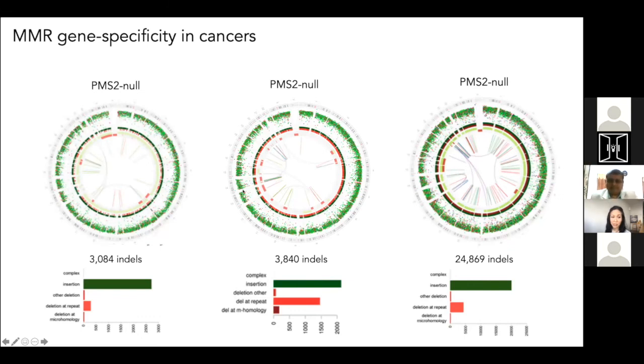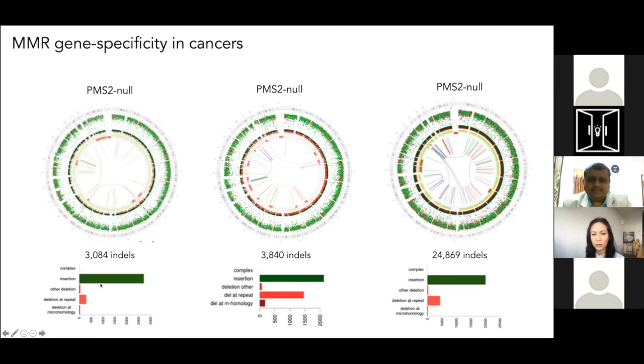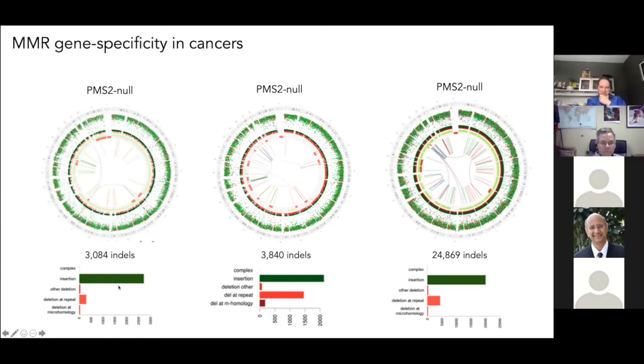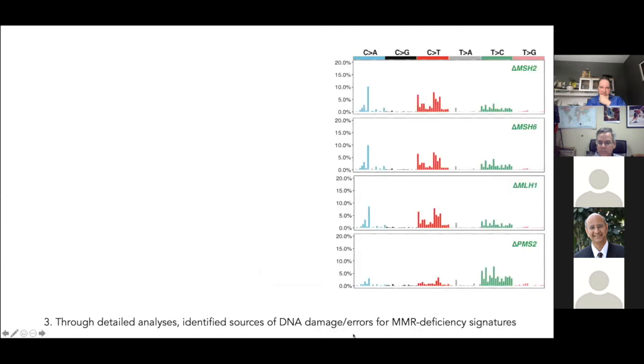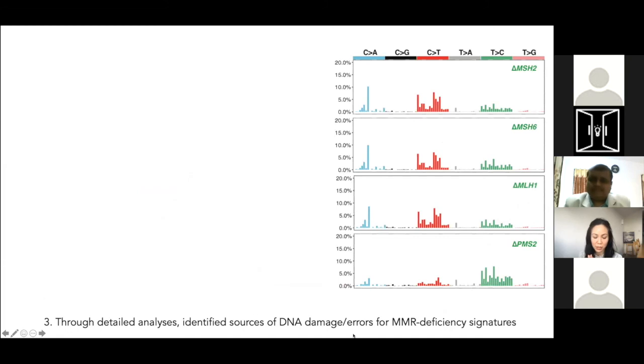These are signature 26, which is a particular substitution pattern, and they actually have a different indel profile. They mainly produce insertions rather than deletions. These are still polynucleotide repeat tracts, but it's kind of curious that they produce insertions more than deletions in the PMS2s. So we sort of demonstrate that there's a gene specificity. There are differences quantitatively and qualitatively.